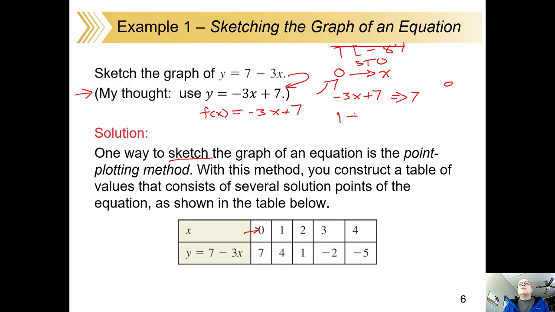Take 1, store that in x. You don't have to retype the minus 3x plus 7. You can just cursor back up, bring this back up on the screen, hit enter, and the next thing you know, you've got the value 4, and that goes with an x value of 1.